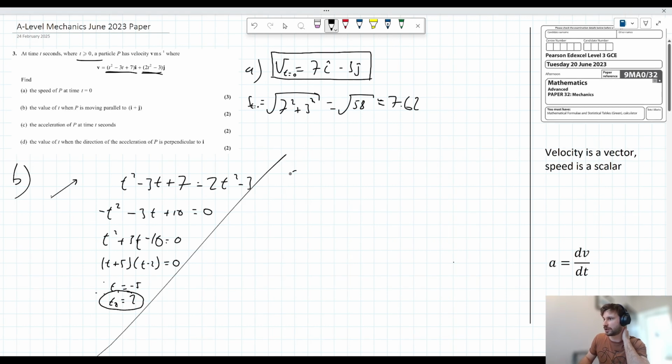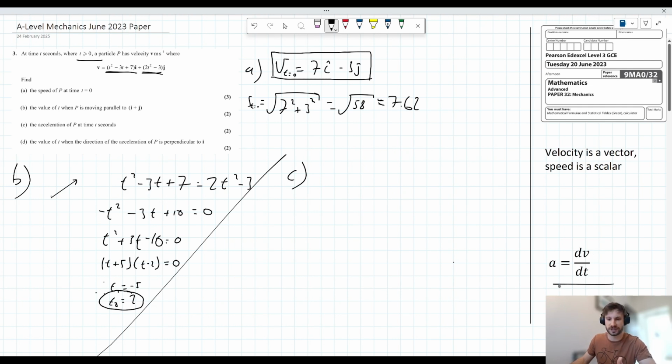Let's move on to part C then. It's asking for the acceleration of p at time t seconds. So this is where we can introduce this idea that I've shown in the bottom right. If you were asked to define acceleration to someone, what would you say? You'd probably say acceleration is the change in velocity over the change in time, or change in velocity per unit time.